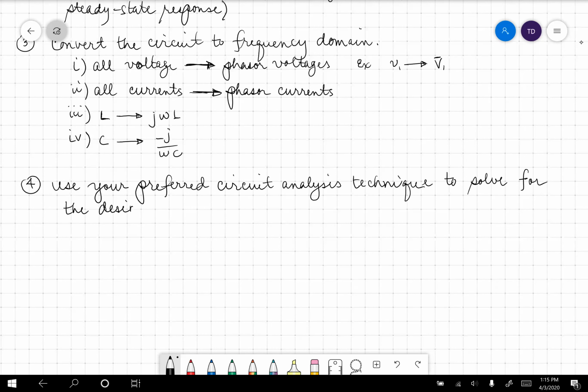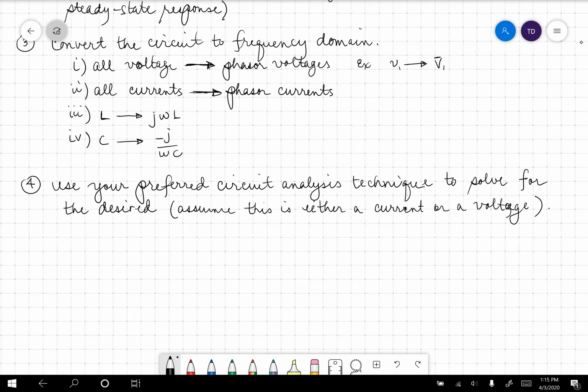I don't know what the result is, but let's assume that it's either a current or a voltage.